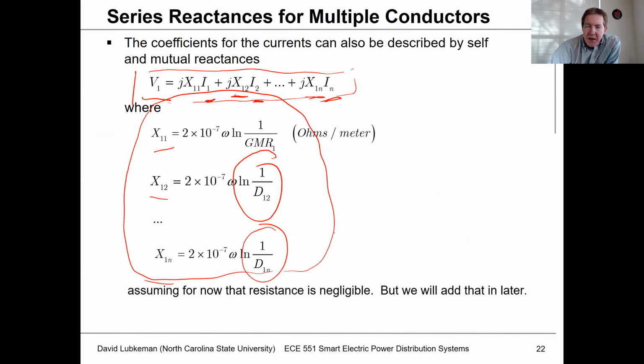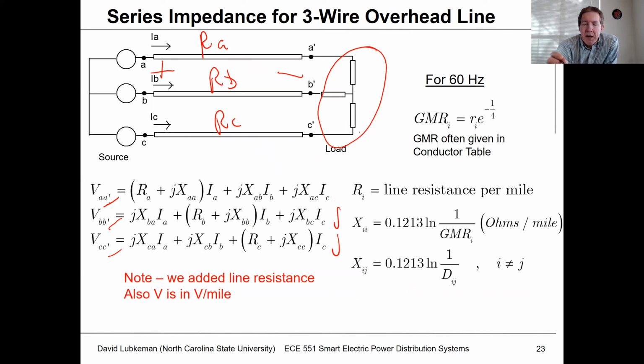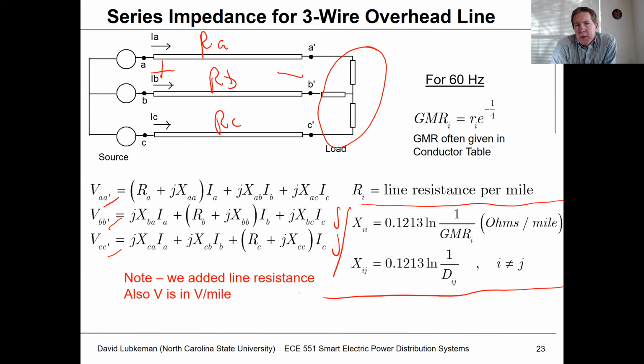Now, if I take these formulas and substitute in 377 radians per second, and do a conversion between meters and miles, then what I get are these very famous equations for calculating X, both the self-impedance term and the mutual impedance term.